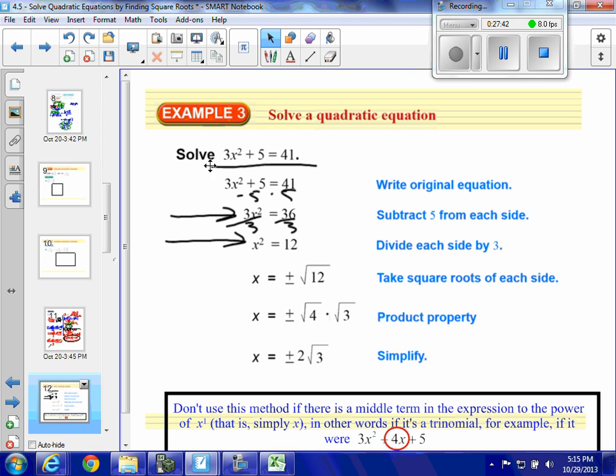Now, I'm going to take the square root of both sides. And here, don't forget, when you take the square root of a number, don't forget the plus or minus.